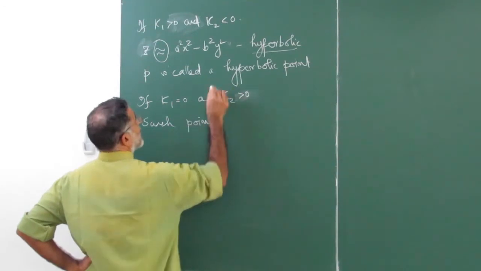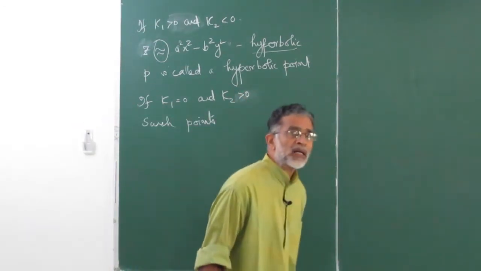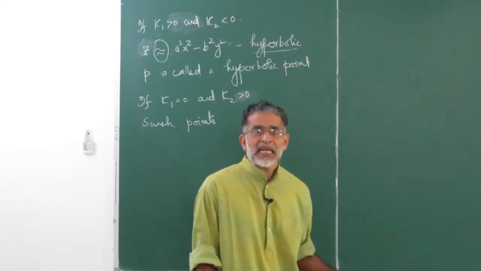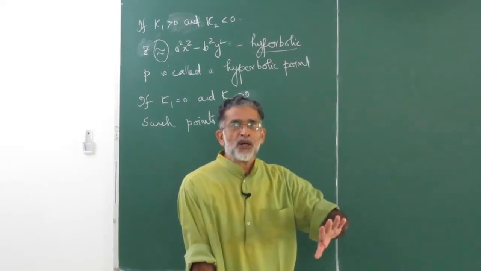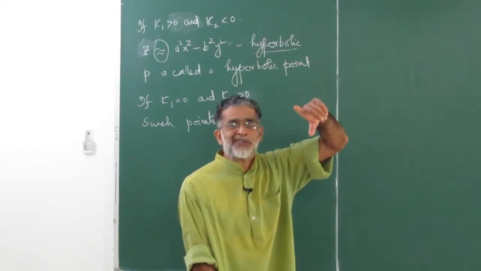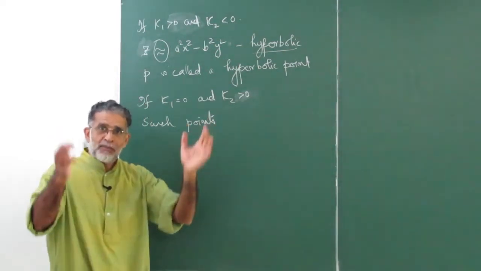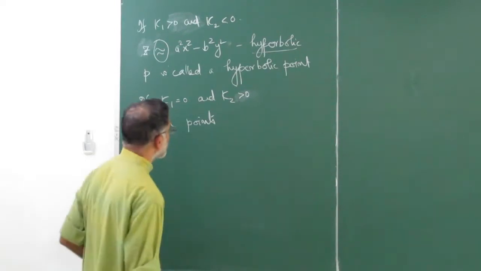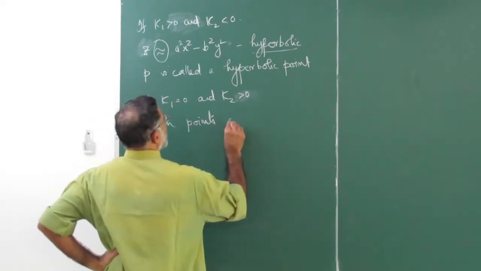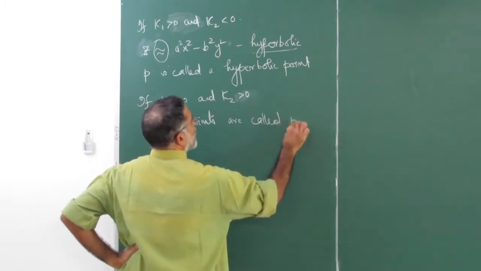Just looking at the second degree, you know that all the kappa 1 etc. come out of the second degree terms, sigma uu, sigma uv, sigma vv. But if those are 0 and the next one is different, the surface may still bend, but it will not be reflected in your principal curvatures. Such points are called parabolic.